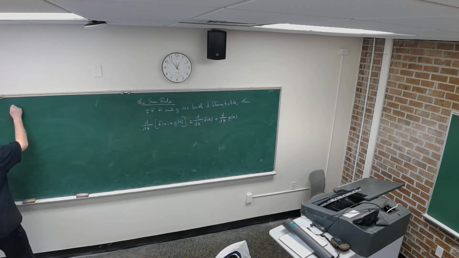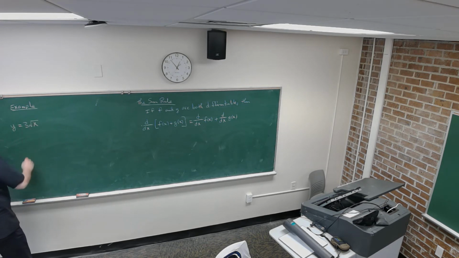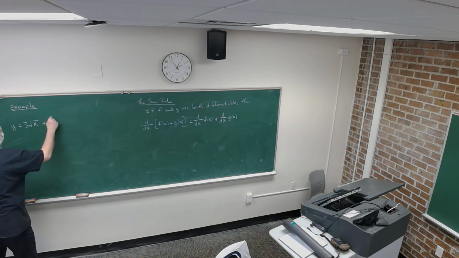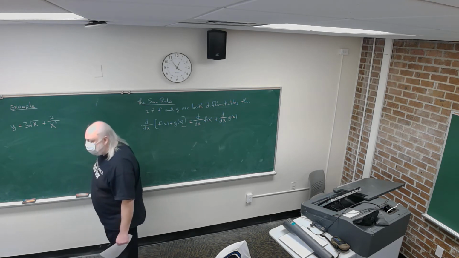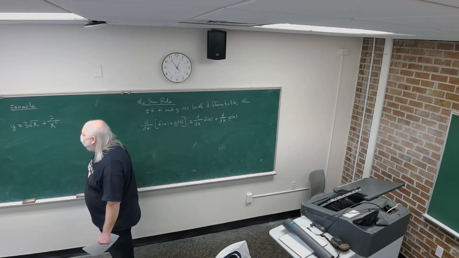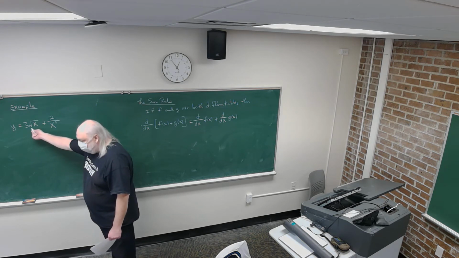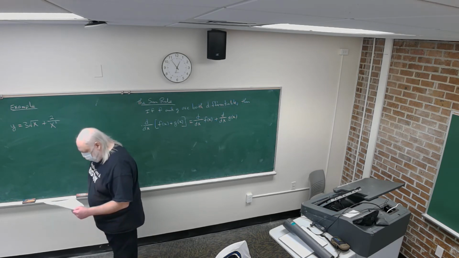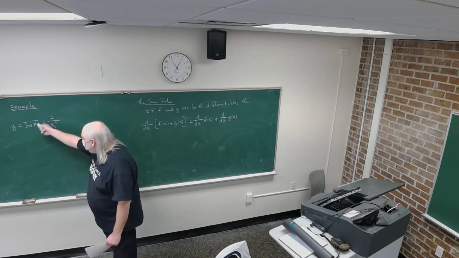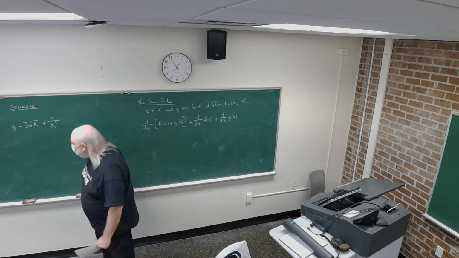So as an example, we have y is equal to 3 times the square root of x plus 2 over x cubed. Okay. So we have, right, it's like the sum of 2 functions. And so the derivative of y with respect to x is the derivative of 3 times the square root of x plus the derivative of 2 over x cubed. Okay. Well, we got to rewrite this before we can differentiate it. Okay.